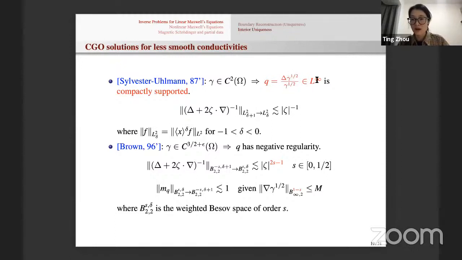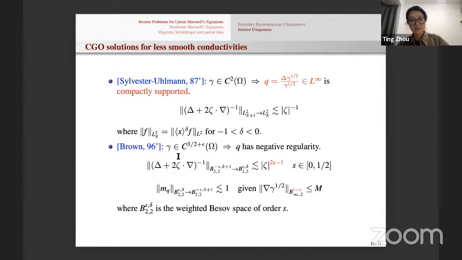So that would be an L infinity function, and it is compactly supported. So the idea there is to show the smallness of this inverse conjugate operator, from X to Y, in this L2 weighted space. Okay, this is what they have shown there.